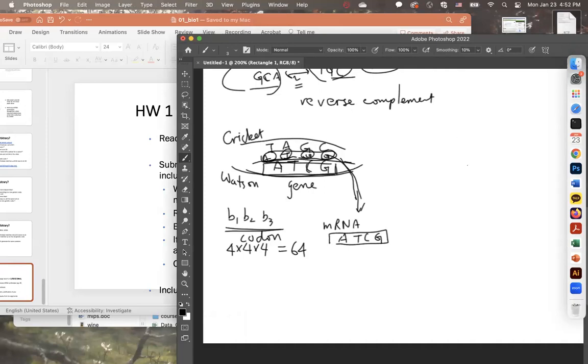It depends on where your gene is located. If you have a Watson strand, the two strands have different directions. The direction goes one way, and the opposite strand goes the other way. So if your particular gene sequence is ATCG, for example, then this is the gene you want to make a copy of.